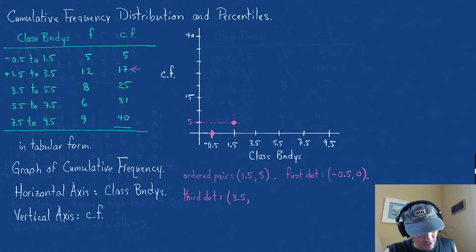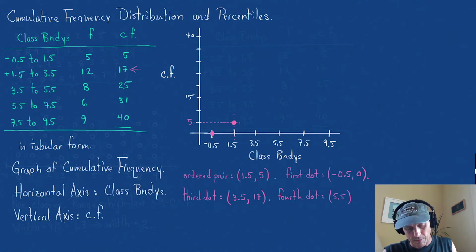So that's going to be 17. And then our fourth dot, well, that one's going to be at our next boundary. Our next boundary is 5.5. But remember, by the time you get to 5.5, you've accounted for all of the data values before that. That's 25 data values now.